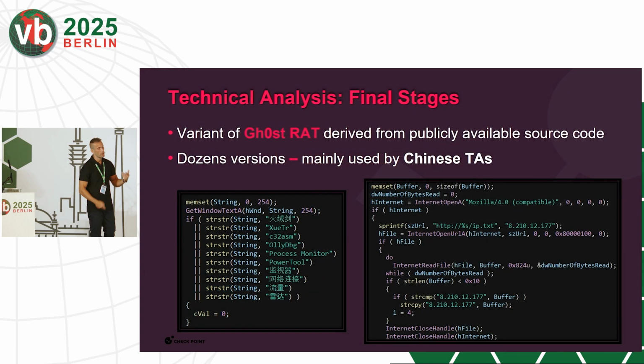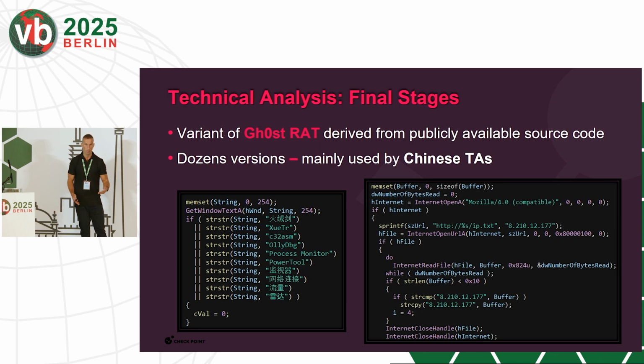And finally, regarding the final stage, across all samples we deeply analyzed, the final stage was always a Gh0st RAT, which is a well-known backdoor derived from publicly available source code. The source code has been available for several years, and we found dozens of versions actually exist because it's open sourced.